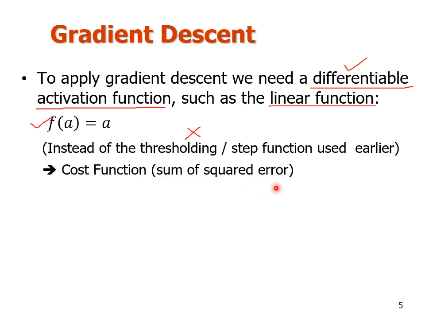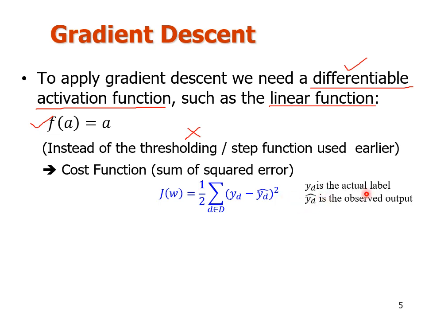So, the cost function J of w is represented as half summation over d belongs to D, (yd minus yd hat) whole square, where yd is the actual label of the sample d in the training data set and yd hat is the observed output of the perceptron for the same sample d.